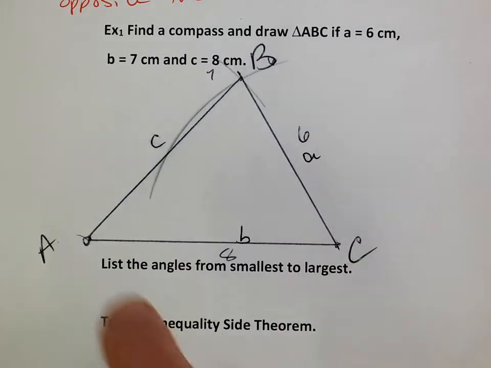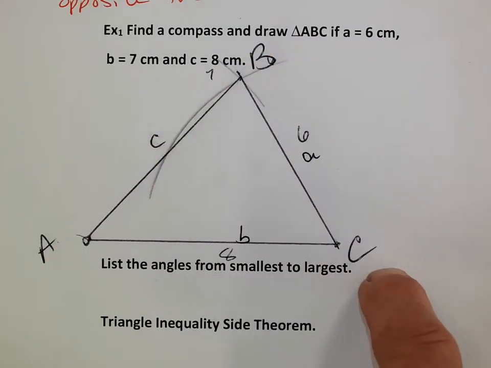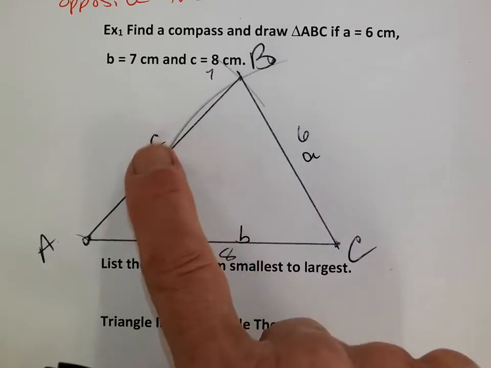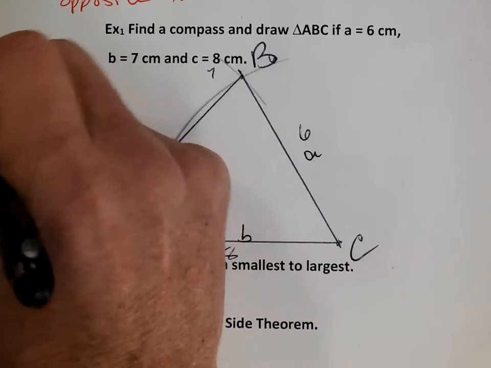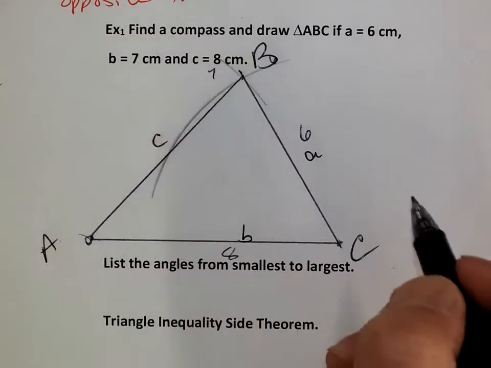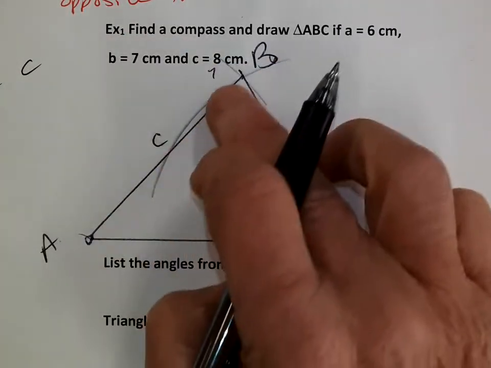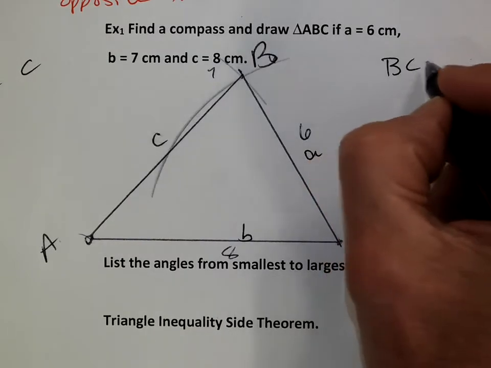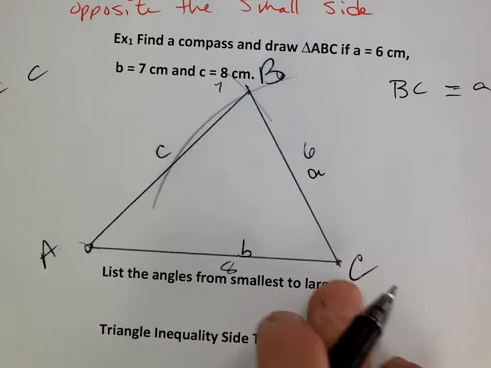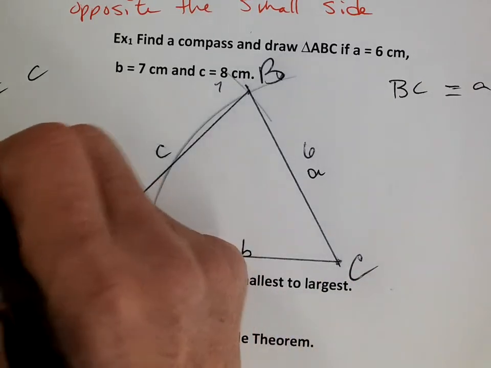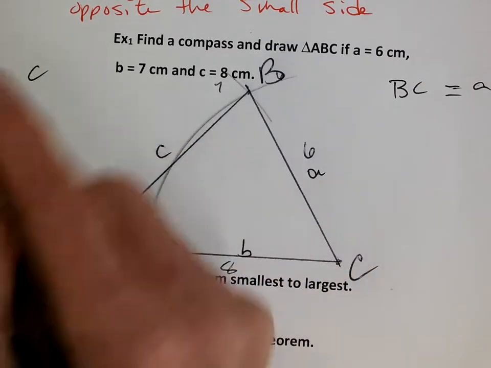So capital letters in triangles make the angles, and the lowercase letters make the sides.